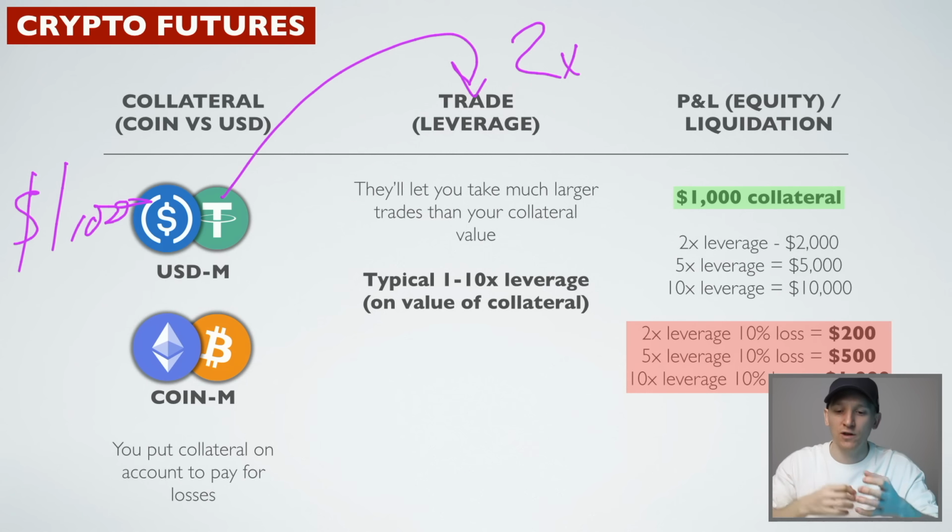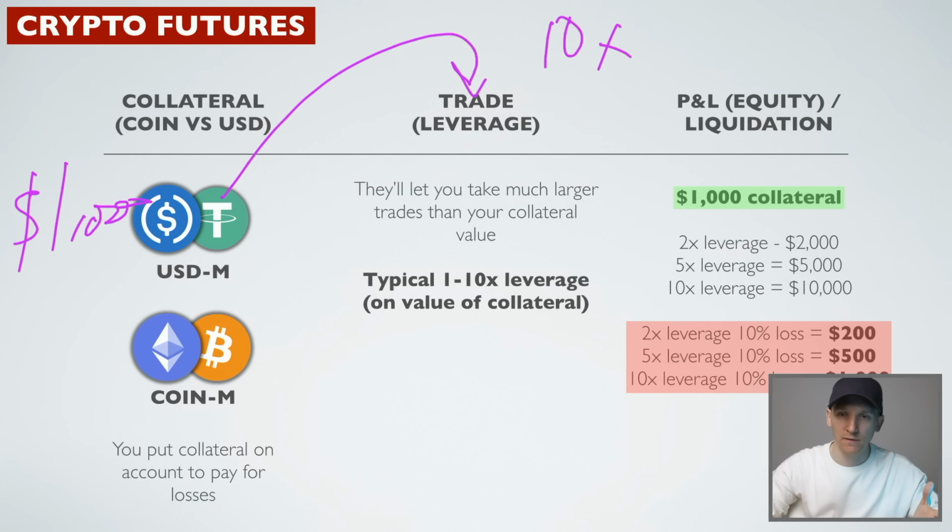The reason being is that the exchange doesn't care what I'm trading because I don't have to exchange the assets when I trade. All they care about is that I have money to pay for any potential losses. I can also trade with way more. I can trade with 10x leverage if I want. What does that mean? It means I still have the same $1,000 in my account, but I can go and open a trade with the market worth $10,000.